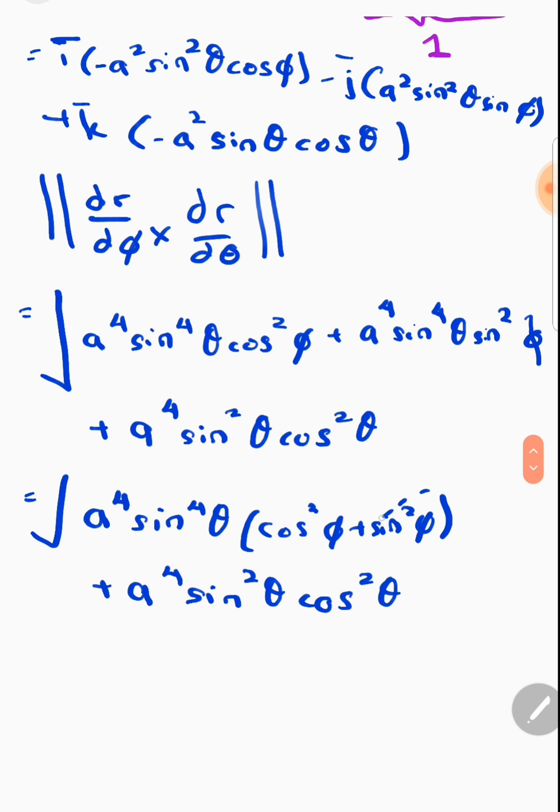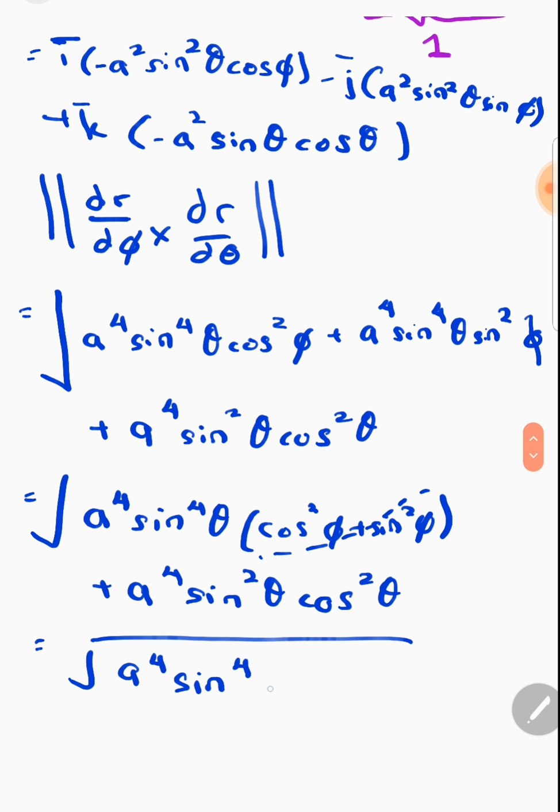Again, cos square phi plus sine square phi is going to give me 1, which leaves me with a power 4 sine power 4 theta plus a power 4 sine square theta cos square theta.